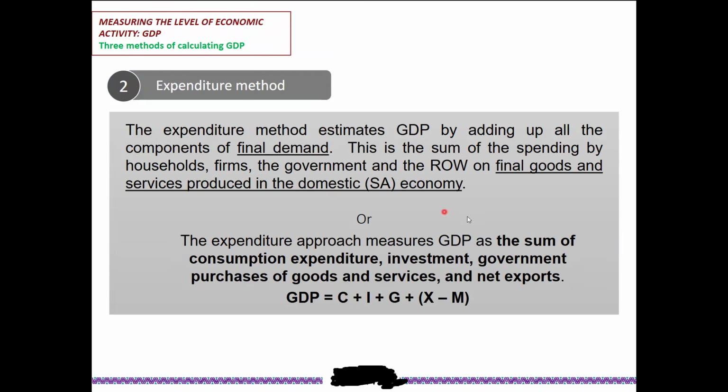Or the expenditure approach measures GDP as the sum of consumption expenditure, investment, government purchases of goods and services, and net exports. So the expenditure method calculates GDP by adding up all the expenditures in the economy by households, by firms, by the government, and our expenditure in the foreign sector through exports and imports. Right.